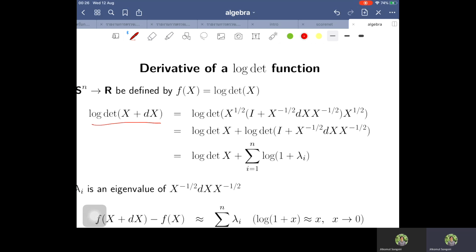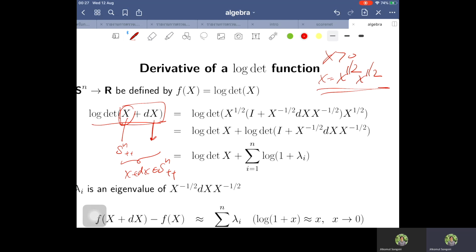Because in order for this to make sense, we put x in the domain, and we make sure that dx is a matrix in such a way that the whole thing is positive definite as well. Okay, so if x is positive definite, then of course it's valid that x must have a square root.